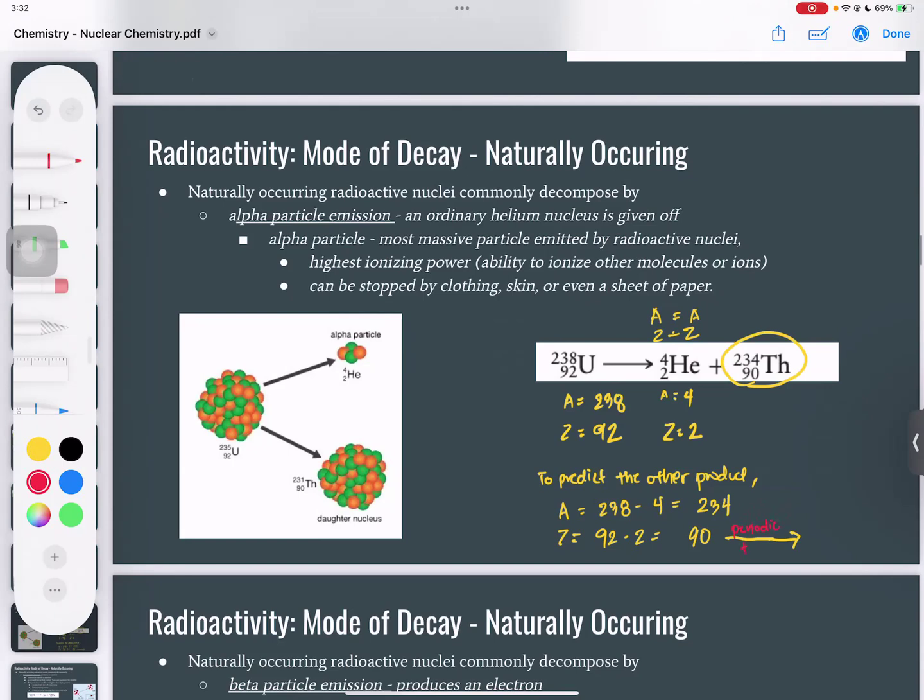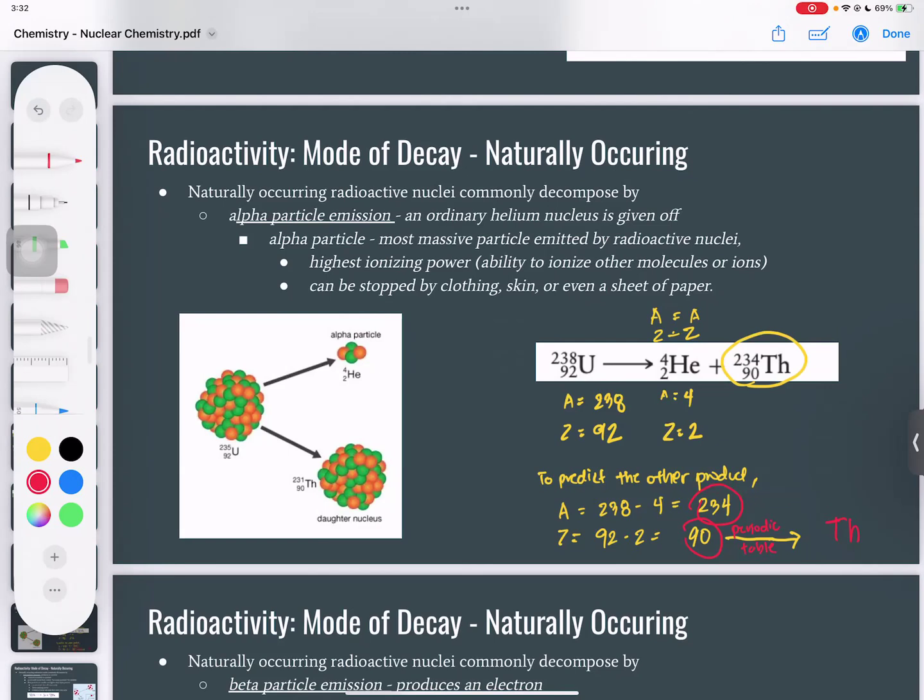And now, just follow the symbol. We have 234 and 90. So that's how you can get the other product in alpha particle emission. Okay? So that is predicting the daughter nucleus in alpha particle emission.